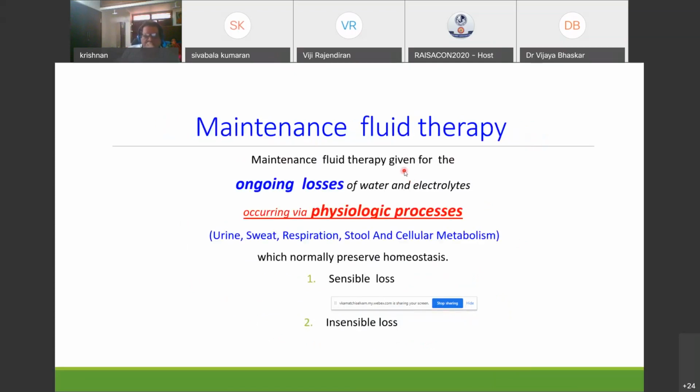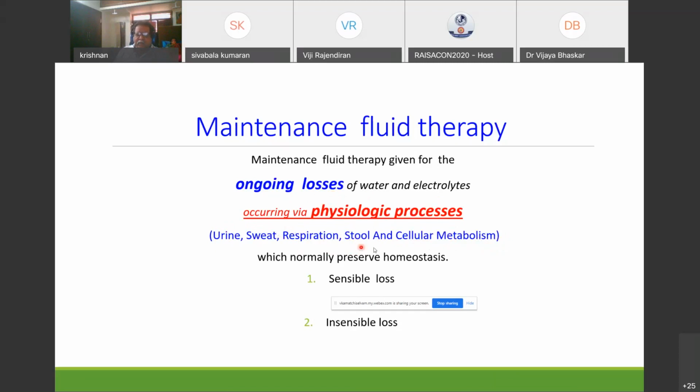The first thing that we should know is what is maintenance fluid therapy. Maintenance fluid therapy is given for ongoing losses of water and electrolytes that occur via a physiological process. This occurs at this particular time in every one of us. Whether we like it or not, we are going to lose this amount of water through urine, which you cannot control, sweat, the loss of fluid through the respiratory system, loss of fluid through the stools, and our basic cellular metabolism for ATP production.